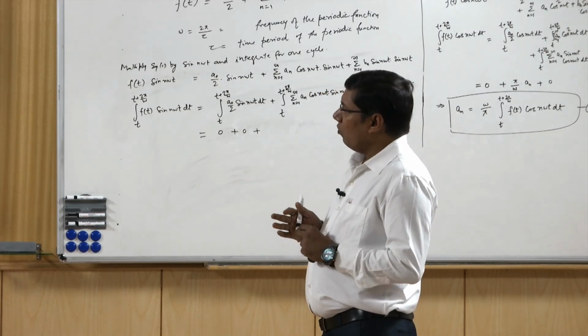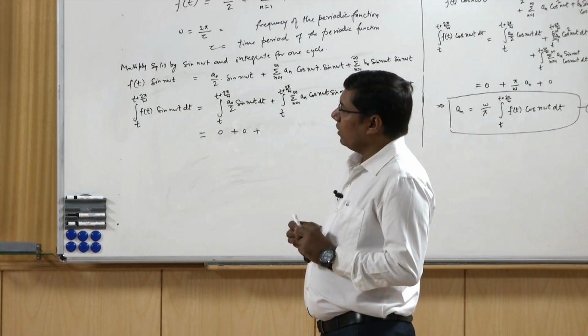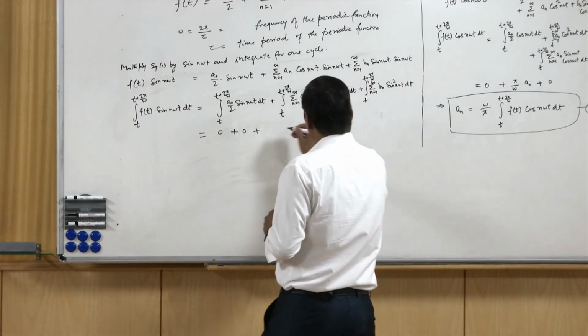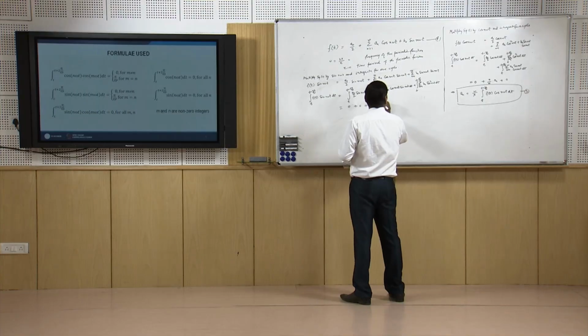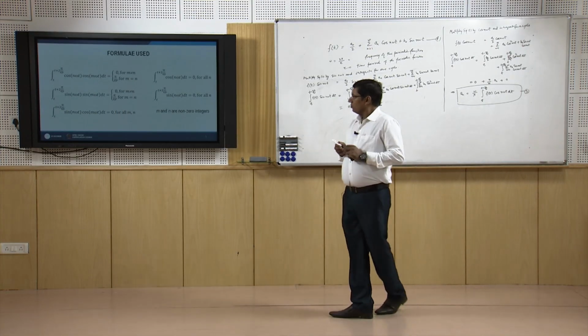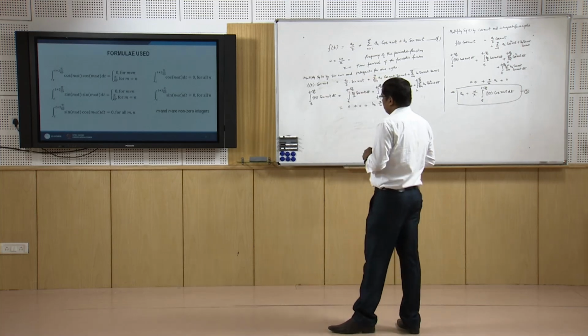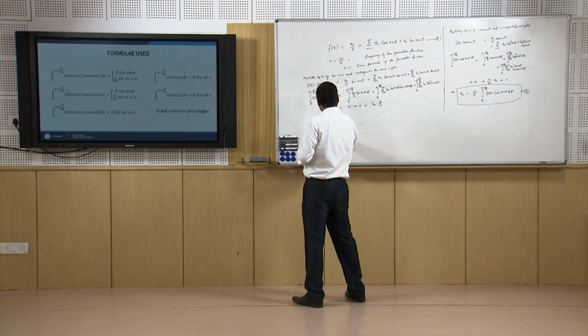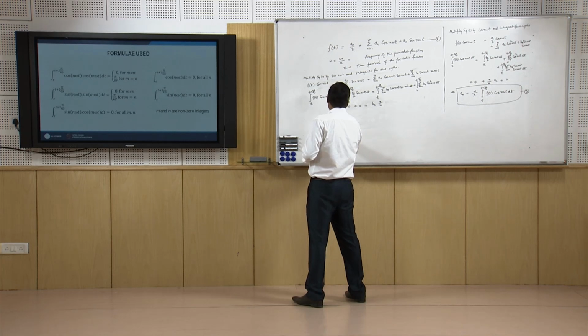So only that one term will be there, and its value is pi by omega. So here we have bn, the constant, into pi by omega, the integral value.